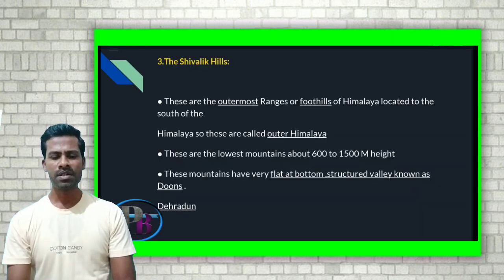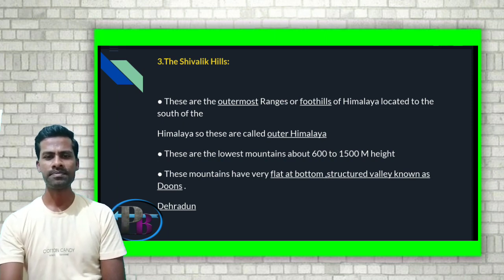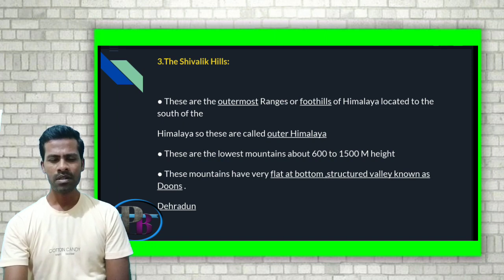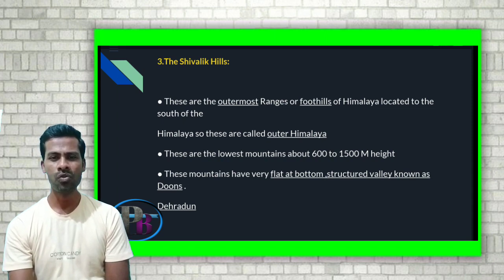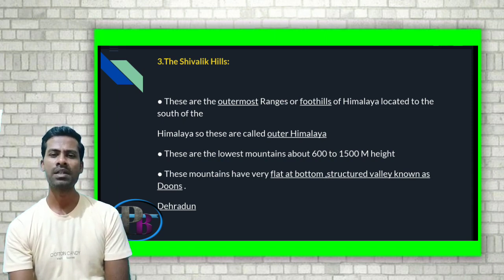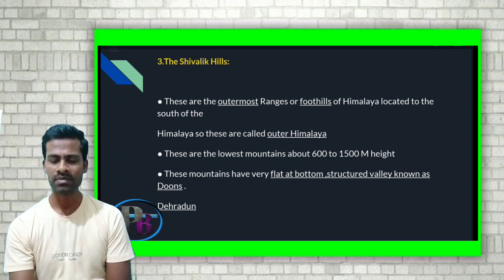The third important parallel range is Shivalik Hills. Shivalik Hills are outermost. One more best suited word is foothills of the Himalaya. Remember this: the foothills of the Himalaya are the Shivalik Hills.